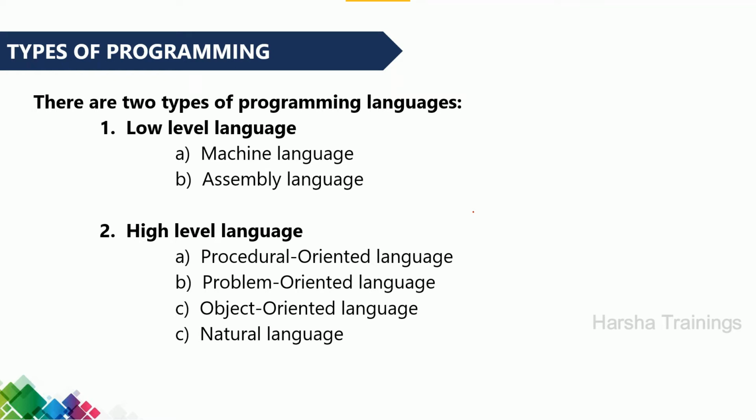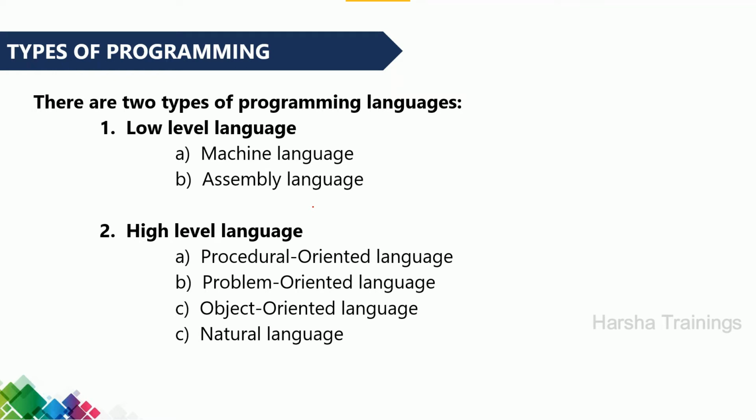For example, the natural language English is converted into machine language. Along with that, we have one more language, that is assembly language. Here, the translator is used to convert our English into assembly code. Assembly code, in the sense, uses mnemonics.